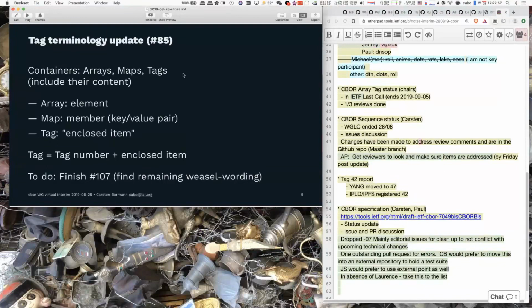So this can be very confusing. So we now say enclosed item. And I think this requires one more round of going through the text and making sure we hit everything. But I think the direction is pretty clear, and I haven't heard anyone disagreeing with the direction yet.